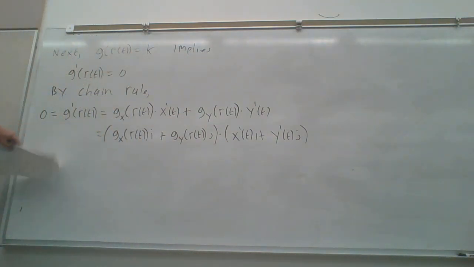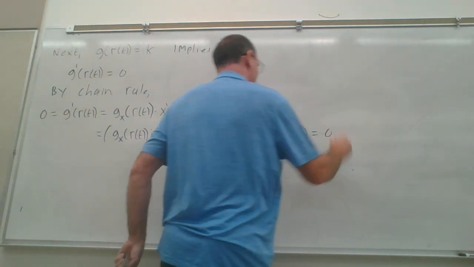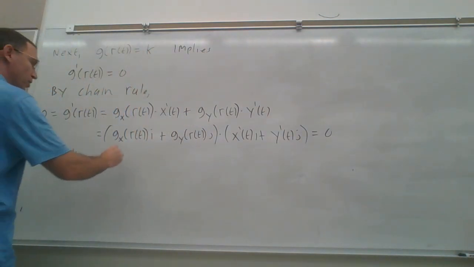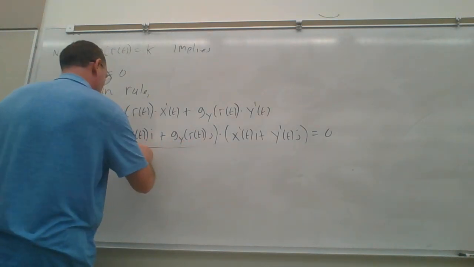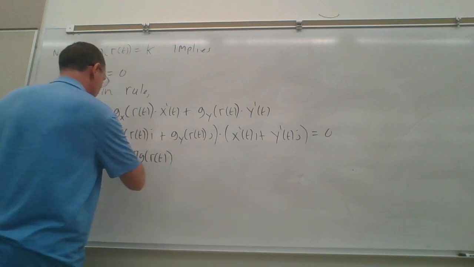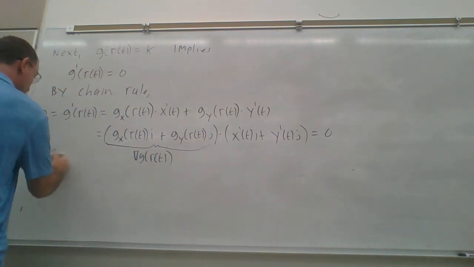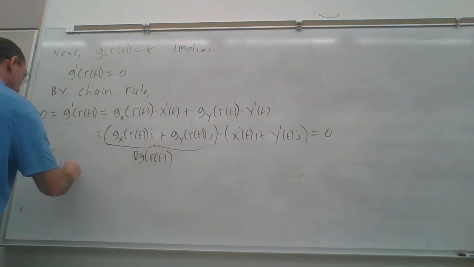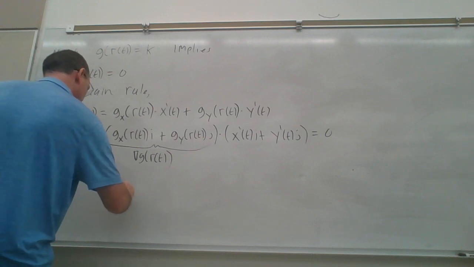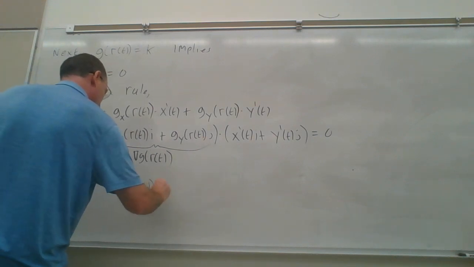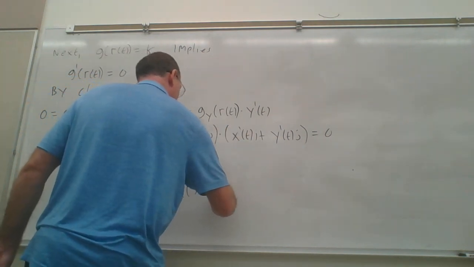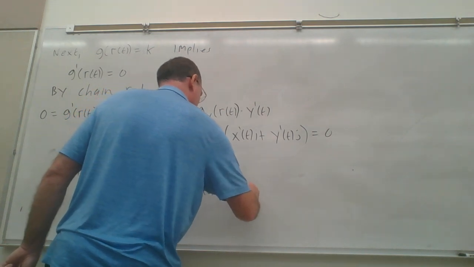So this has to equal 0. Well, this is also the gradient, so the gradient of g at r(t), this guy, implies that the gradient of g is perpendicular to the r prime guy here.